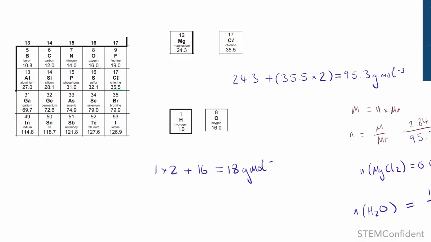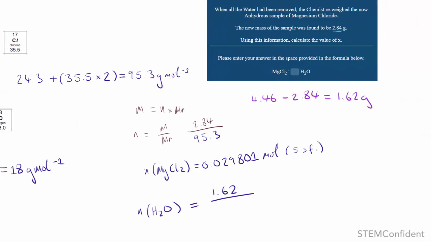So that's the molar mass of H2O, the Mr of H2O. Okay, so with that in mind, this is going to give us the number of moles. If you do have a go at working that out, you should find that gives you exactly 0.09, and that's going to be in moles.